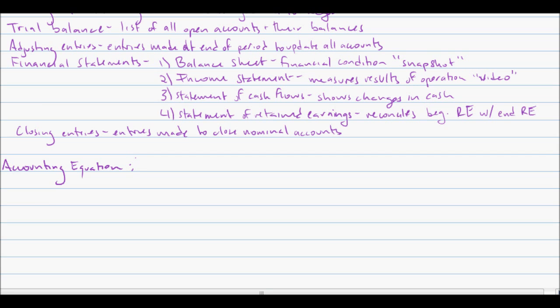So the accounting equation is very, very important, and this equation must hold true at all points in time. It's not a very complicated equation at all, so you'll have no problem remembering it, but you'll be using it throughout your entire studies of accounting.